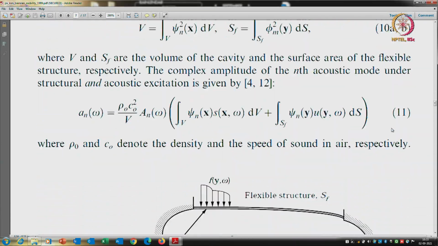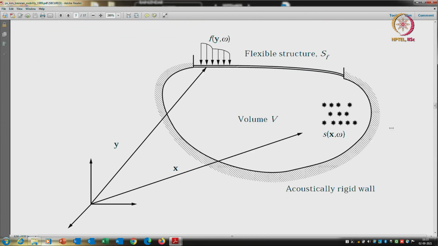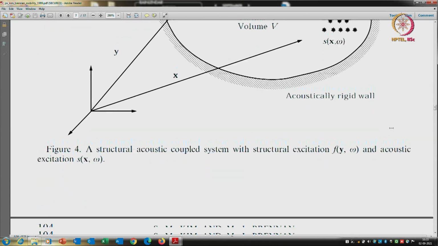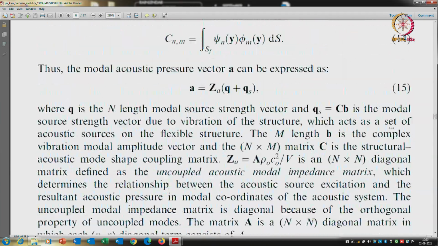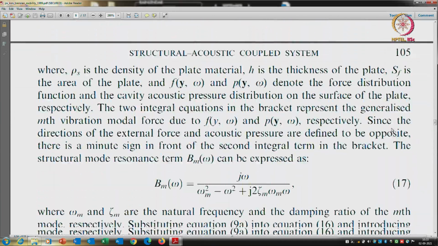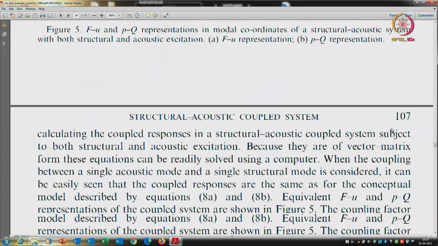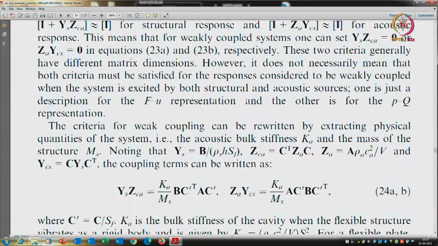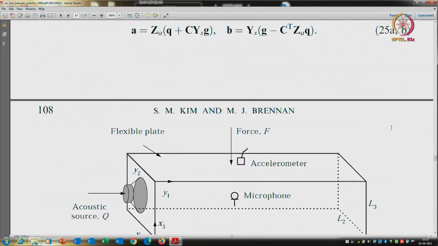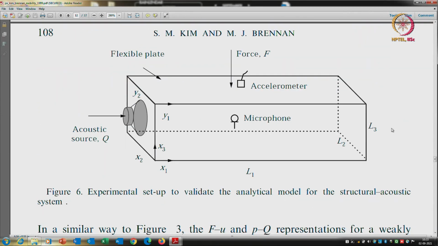Everything here I have described in the lecture. So now they go to an example. This is the example. Okay, so there is this box now.